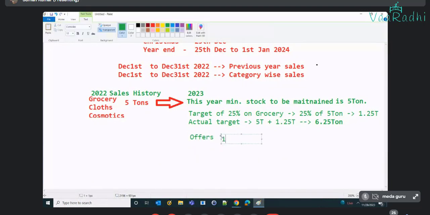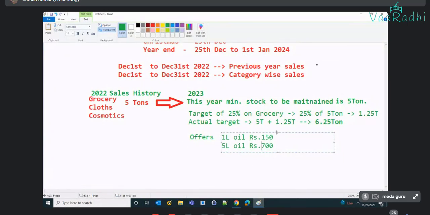Something like this: 1 liter oil is 150 rupees, and 5 liter oil only for 700 rupees. Now, the end customer, how much saving will he see by purchasing 5 liter oil for 700?